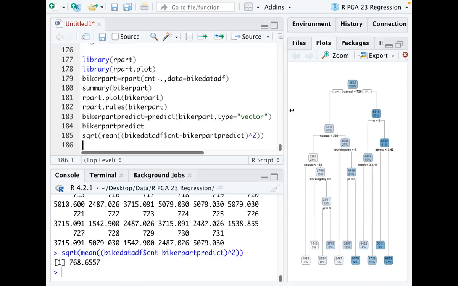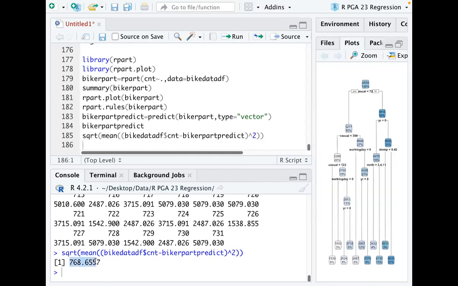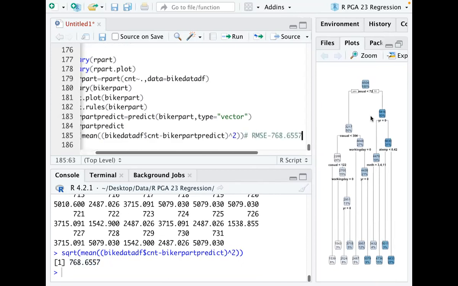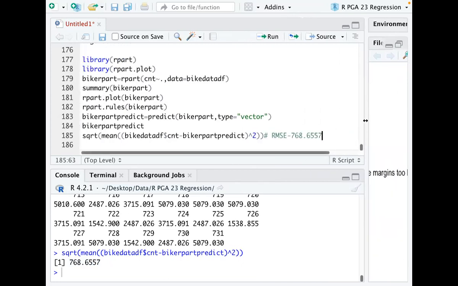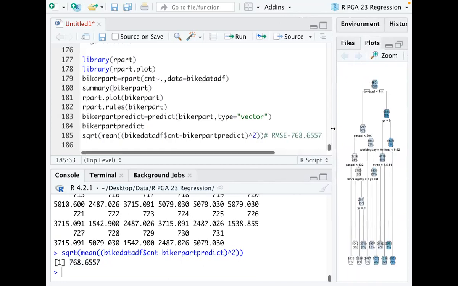So we get an RMSE, root mean square error. We get the RMSE as this value. 768 is the RMSE we get for the data. The predicted values are repeated because the rules have the same predictions, right?